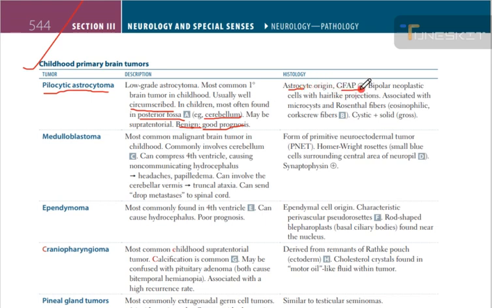GFAP is its biomarker. It has bipolar neoplastic cells with hair-like projections, associated with microcysts and Rosenthal fibers. Rosenthal fiber is something unique.